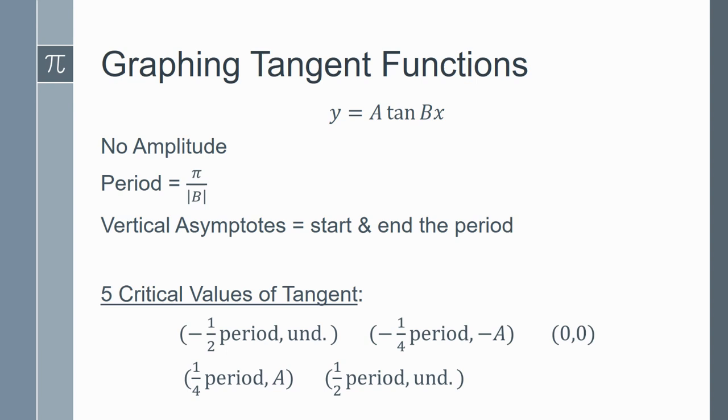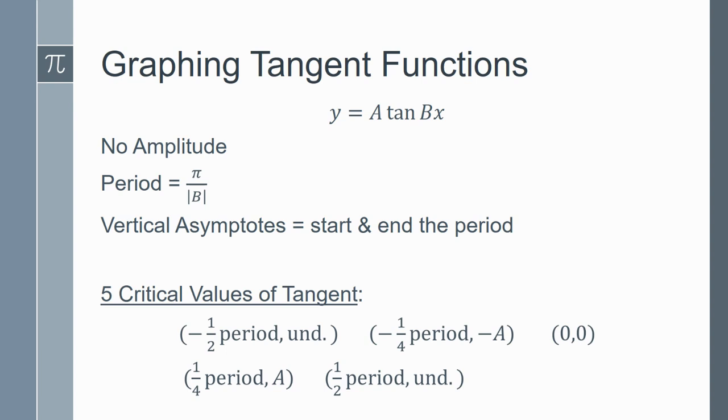Once again, we're going to start and end each of our periods with a vertical asymptote, and then we will have 5 critical values that are going to be important to identify to help us with the graph. So notice how whatever the period is, we're going to cut it in half to get either side of our vertical asymptotes. That's why it says undefined for the rest of the ordered pair. And then 0, 0 is in the middle.